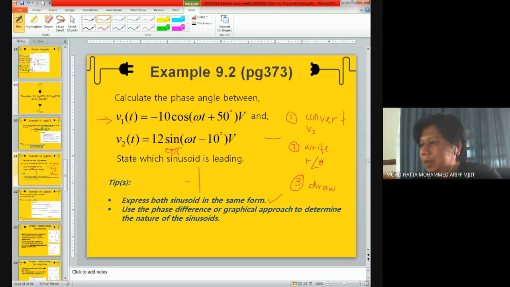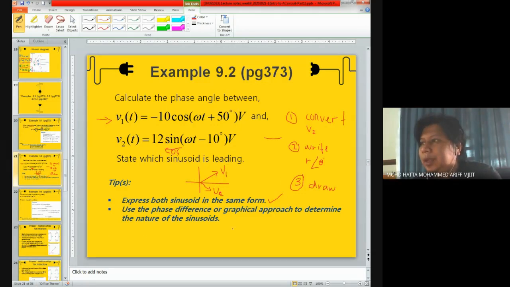So maybe you consider something which looks like this: V1, and for example, not necessarily correct, V2. So this is the strategy that we are going to look at. There are 3 steps. Here I have put the tips.